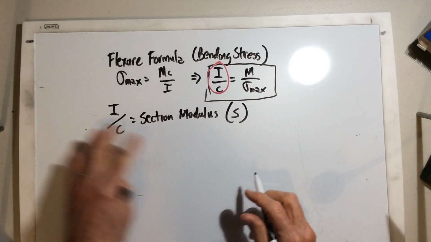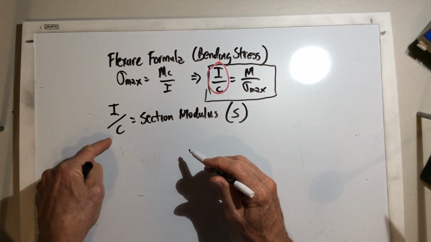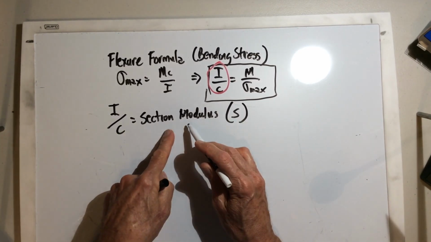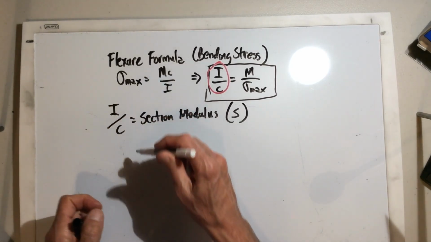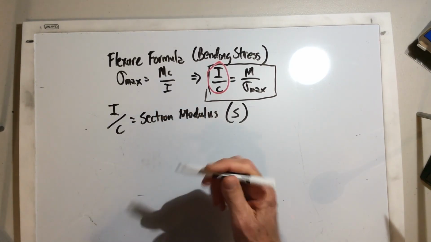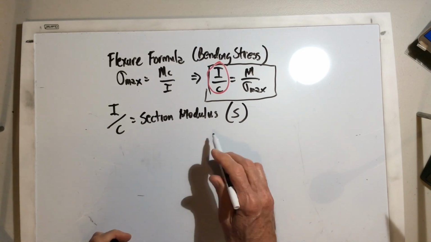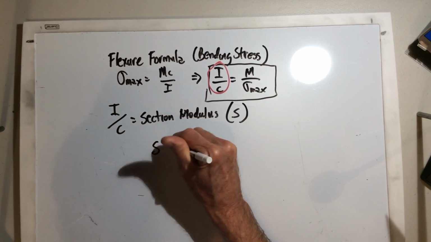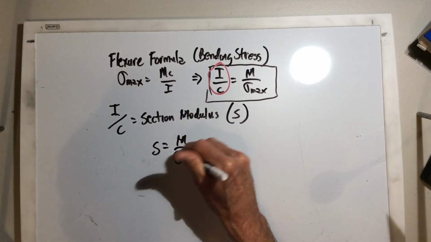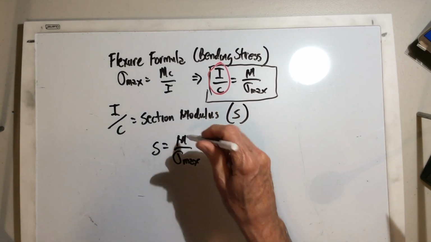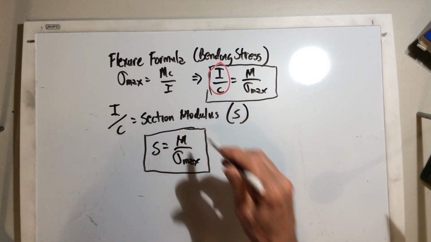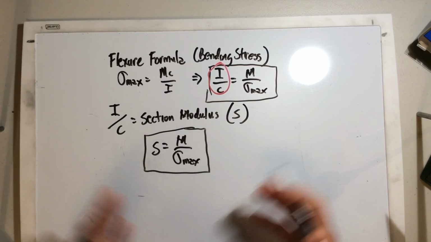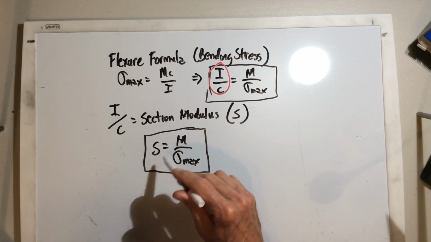All right. Now notice that this is all based upon the geometric dimensions of that specific cross-sectional shape. The section modulus is. So it's all in inches, and so this is going to end up to be inches cubed. But be that as it may, if you write this in as S, then this becomes S is equal to M over sigma max. Okay. Now I'm here to tell you that in most elastic designs for beams, when you go about looking to find the right size beam, this is the quantity you will be looking for.